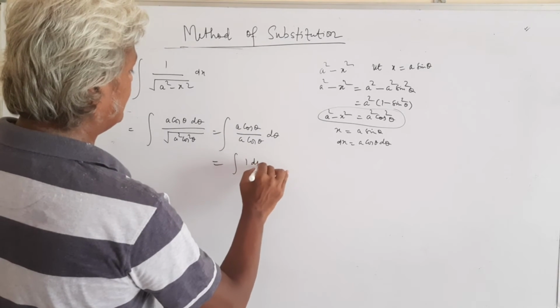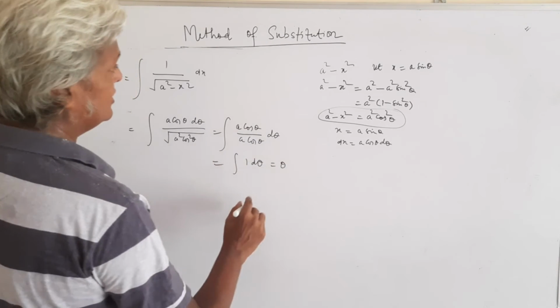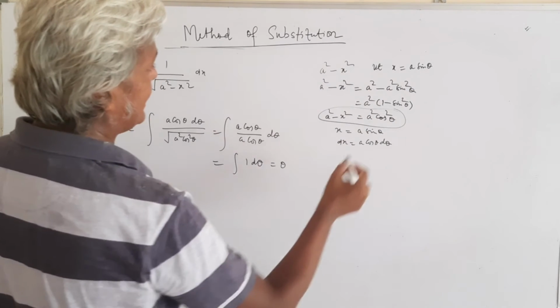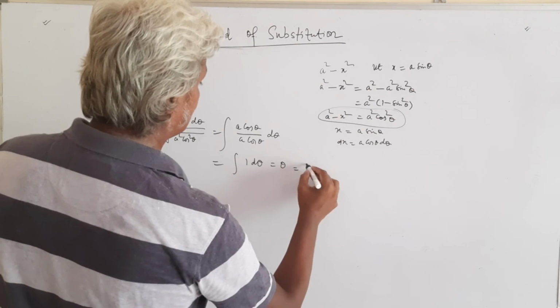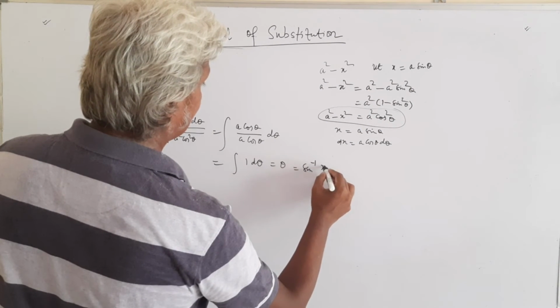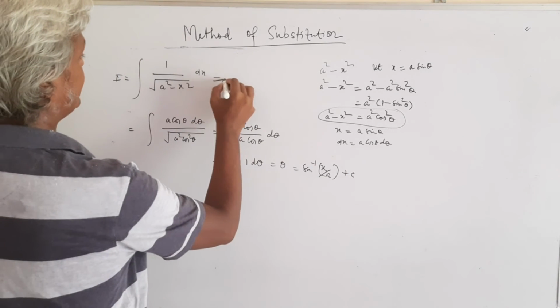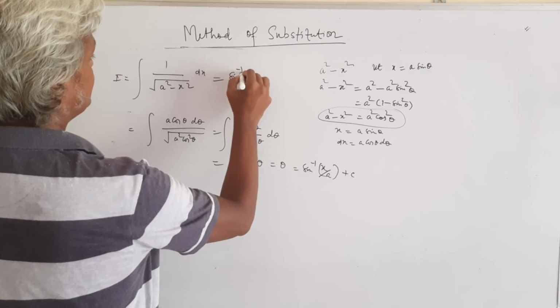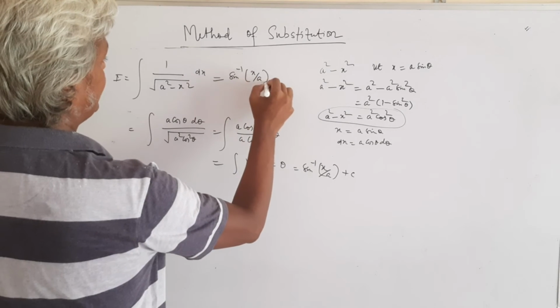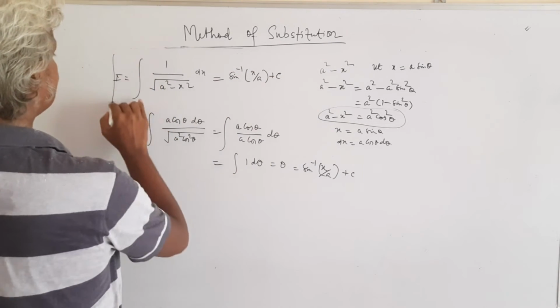So this is 1 d theta, and that is theta. So what is theta now? Theta is just sine inverse x over a. So integration of this will be sine inverse x over a plus c.